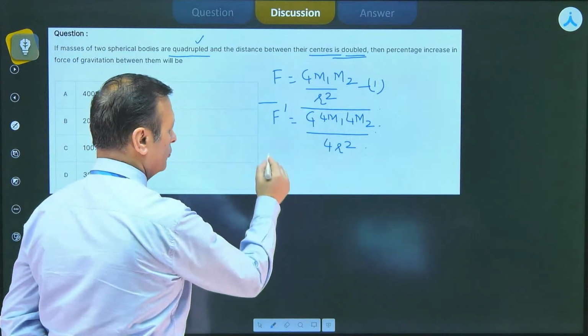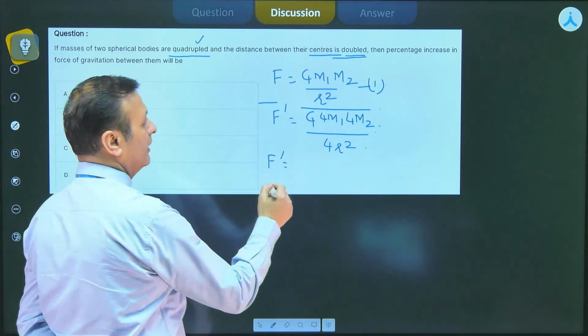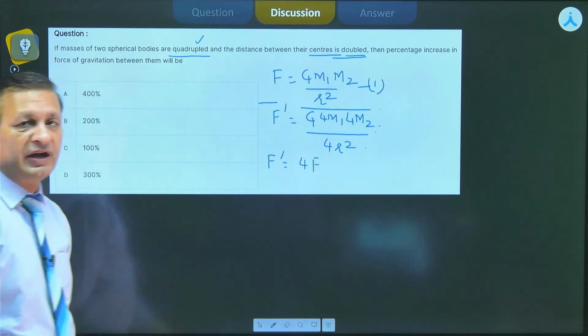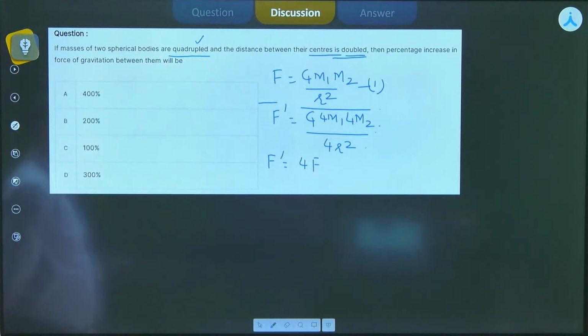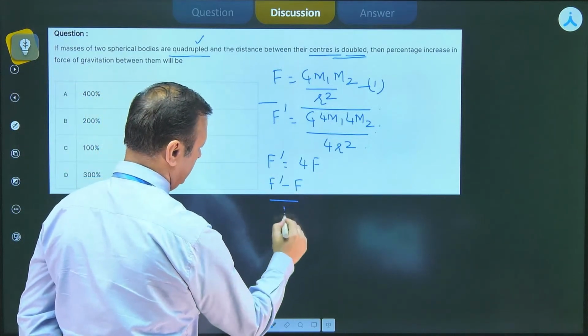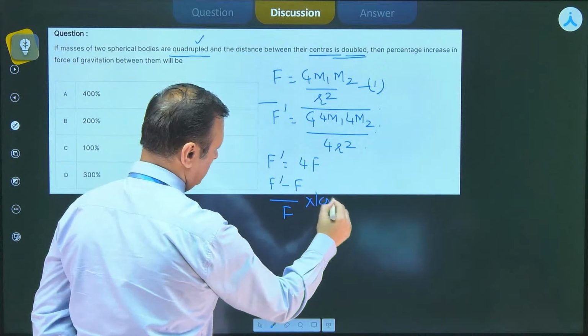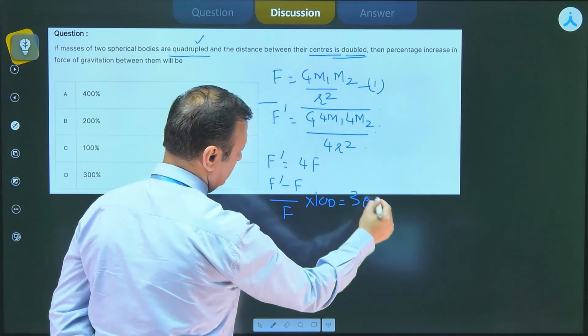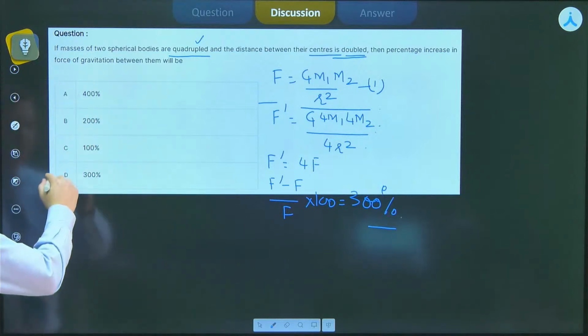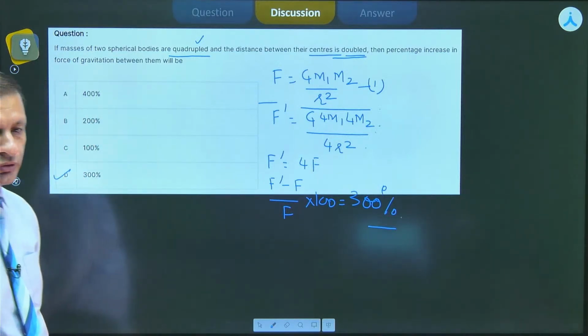Take the ratio, and this gives me F dash, the new force. The percentage change is F dash minus F by F into 100, which defines again as 300% only. So this is the D option.